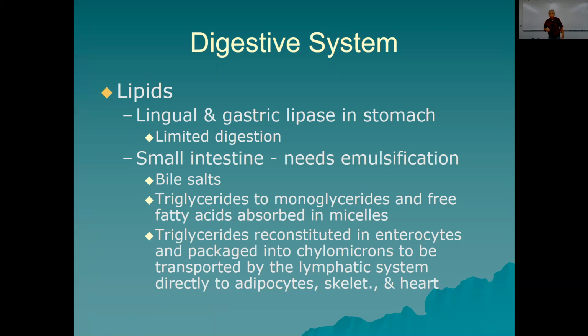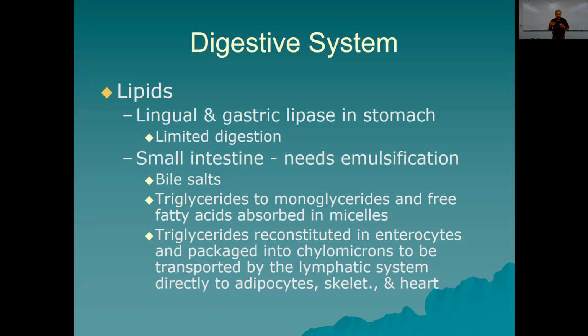And these are absorbed in little phospholipid balls that are also put into the GI tract along with bile from the gallbladder, and they absorb the monoglycerides and free fatty acids. Then these micelles are brought into the enterocytes right across the cell membrane, because they're like cell membranes themselves. And the triglycerides are reconstituted inside the enterocytes.